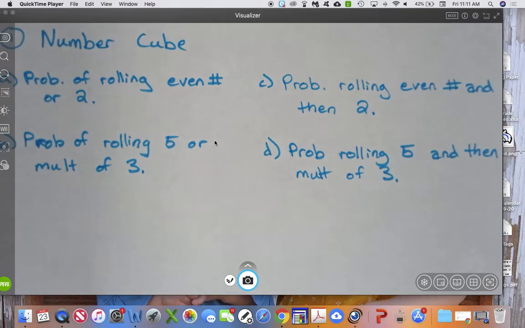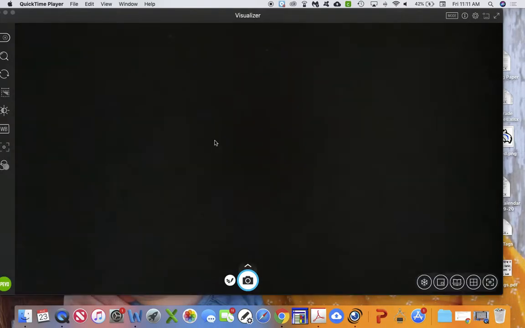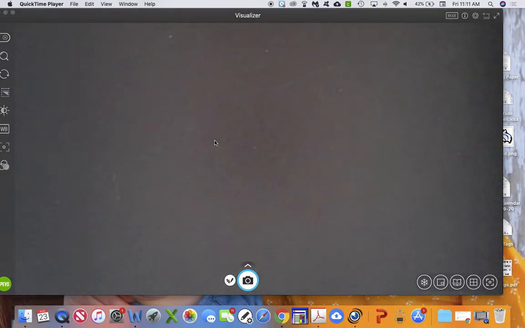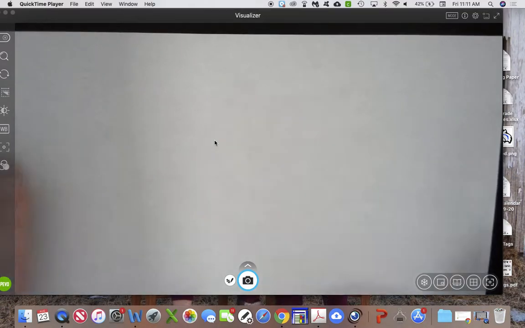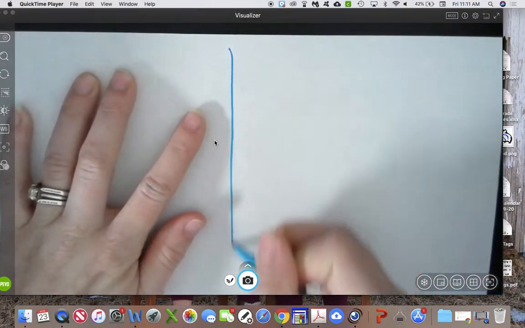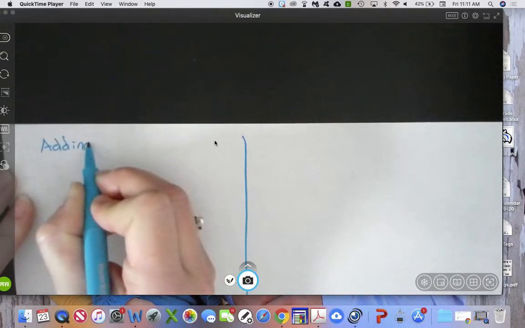So, we're going to go over to this side, and I want you to hold your paper the long way, okay? The long way. So this is going to be landscape version, all right? And I am going to split it right down the middle. Here we're going to be adding probabilities.